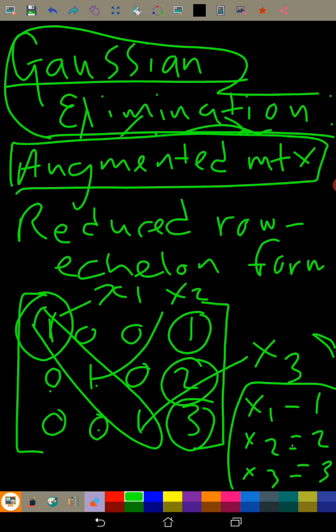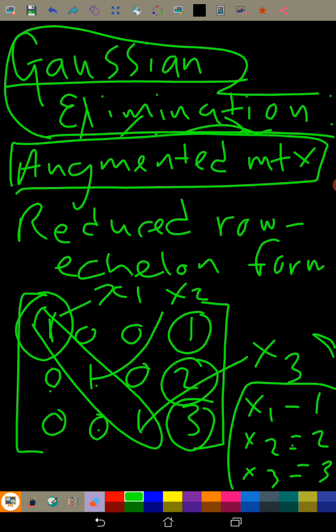Reduced row echelon. I think I might need to pause this and give an example of Gaussian elimination, so you can see how it works.